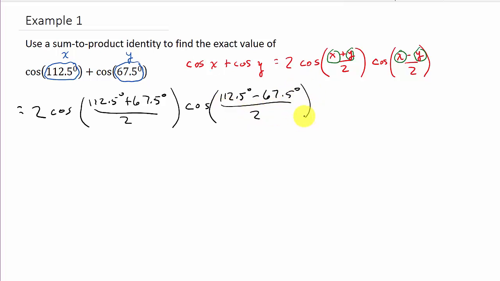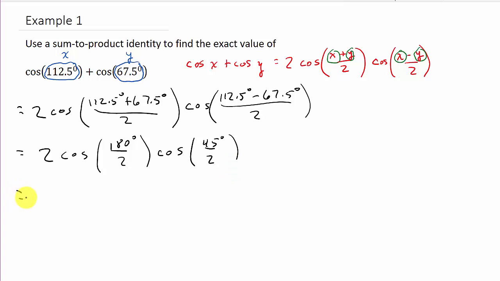So that's 2 cosine, and 112.5 plus 67.5 gives us 180 over 2, times cosine, and 112.5 minus 67.5 is 45 degrees over 2.